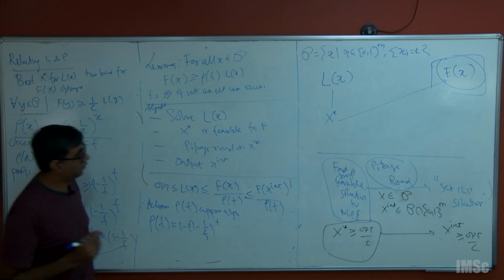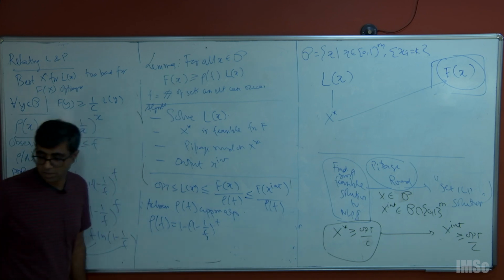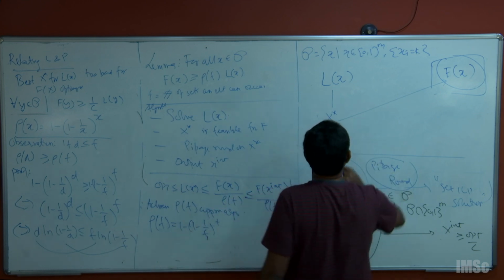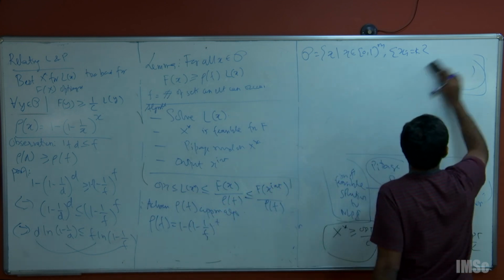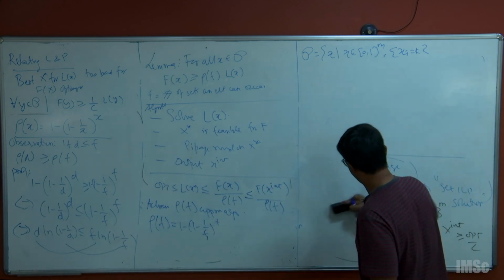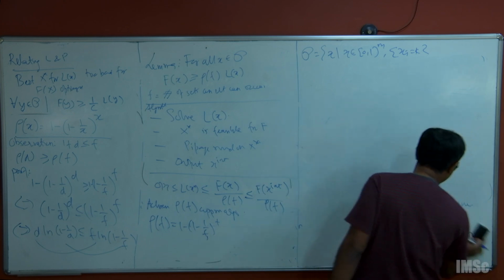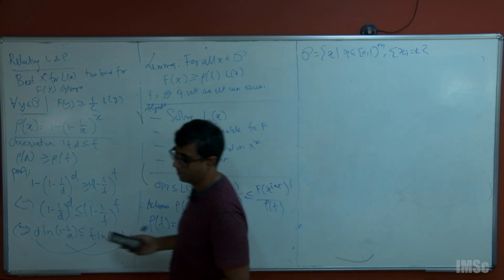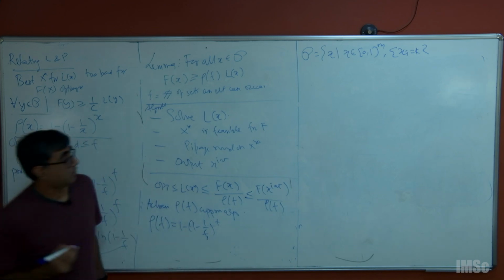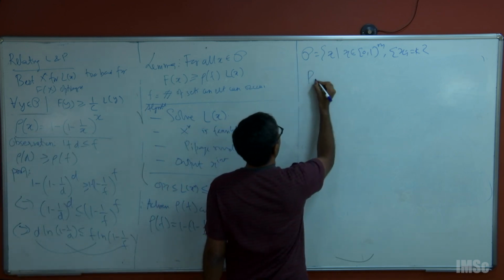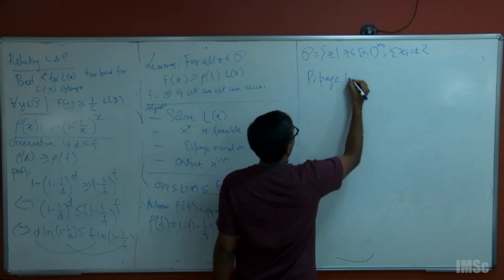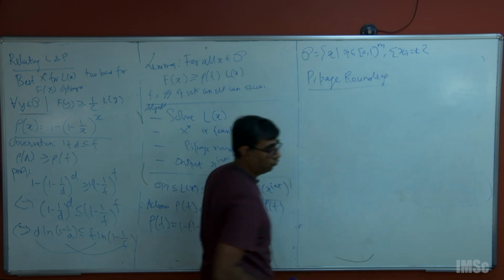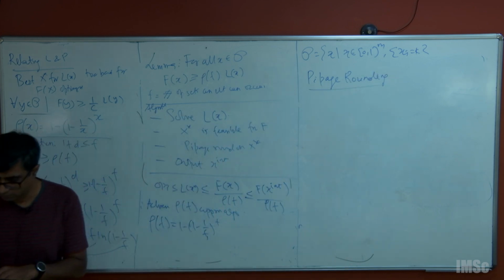Okay. So let's do the Pipage rounding stuff. I want to do Pipage rounding now. Pipage rounding is not only meant for this, but for a slightly more general function, and let me tell you what those general things are. And then we will show that.